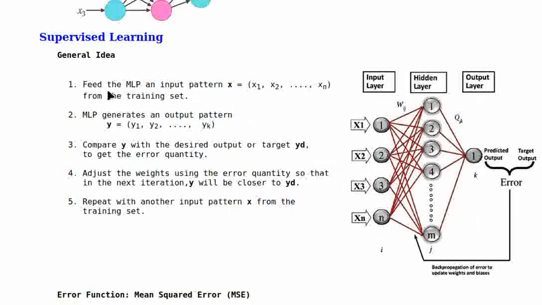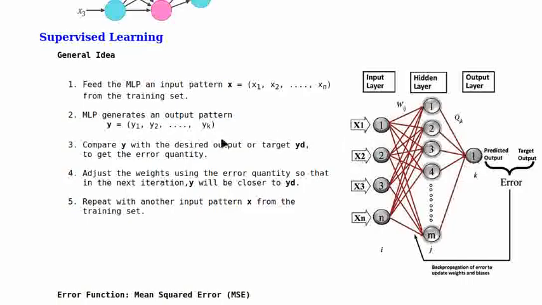We feed an MLP an input pattern x, x1, x2 to xn, as shown here. Each of these is a neuron, and from this input pattern and the weights we calculate the input to a neuron of the hidden layer. And then eventually we generate an output pattern, say y1 to yk.